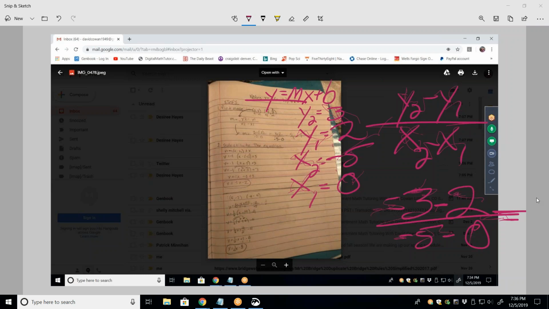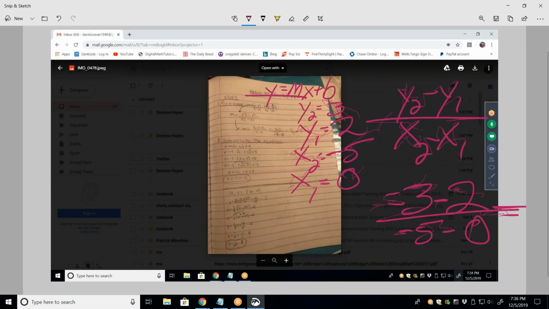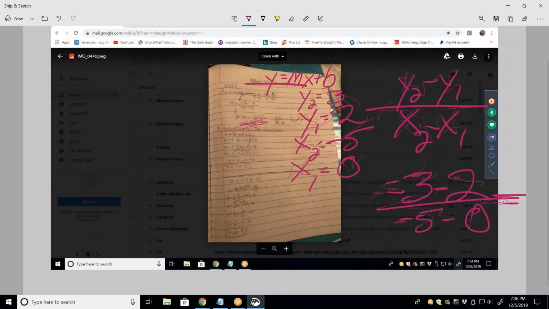Yeah, exactly. Notice what you've got in your notes here says 3 minus a minus 2. That is not correct. It's 3 minus 2. So 1 over -5 is the slope of that.